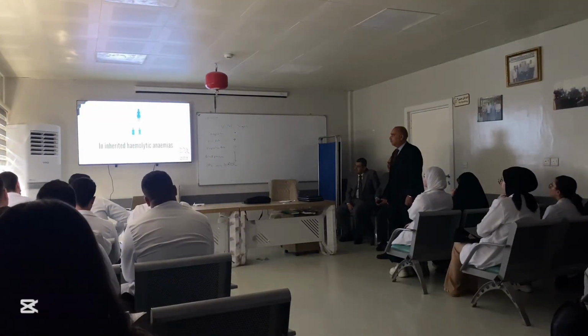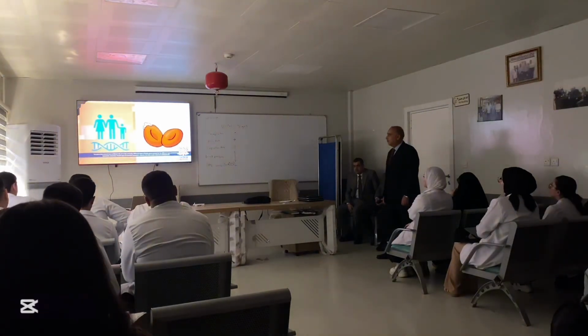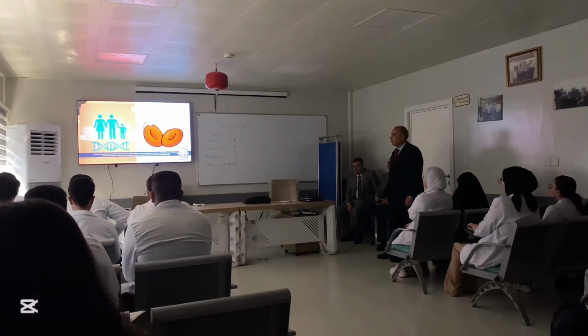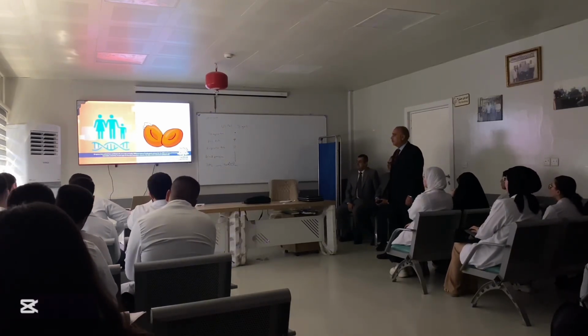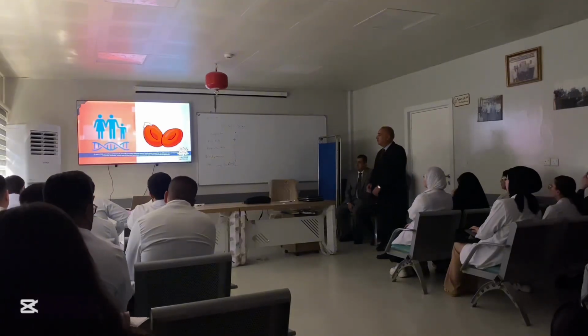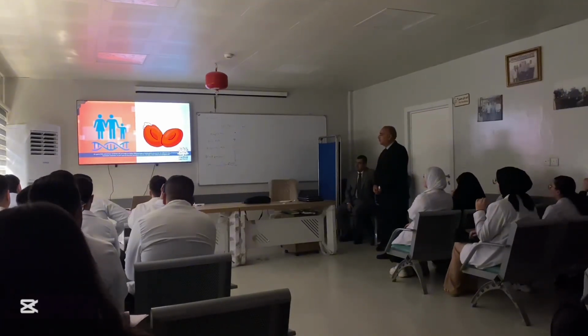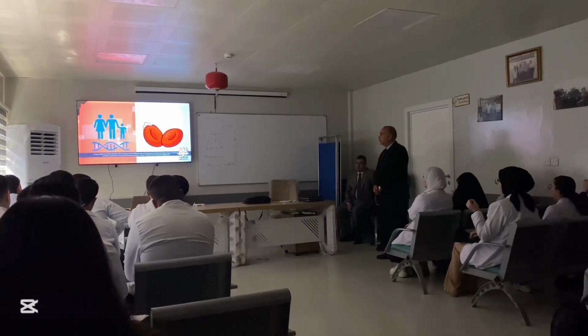In inherited hemolytic anemias, the genes that control how red blood cells are made are faulty. Different types of faulty genes account for the different types of inherited hemolytic anemias. In each type, the body makes abnormal red blood cells.